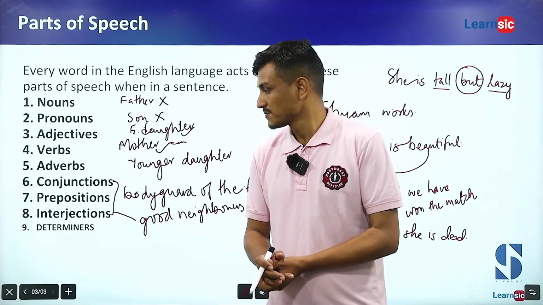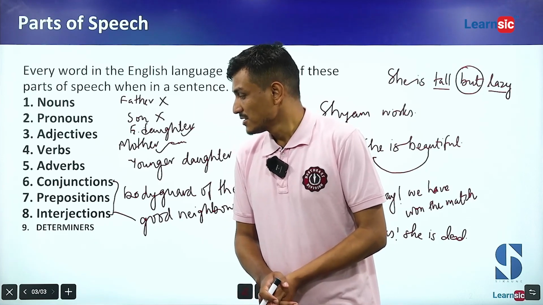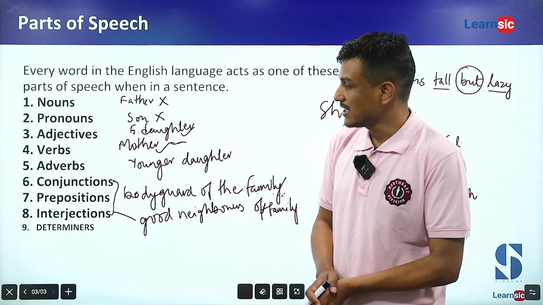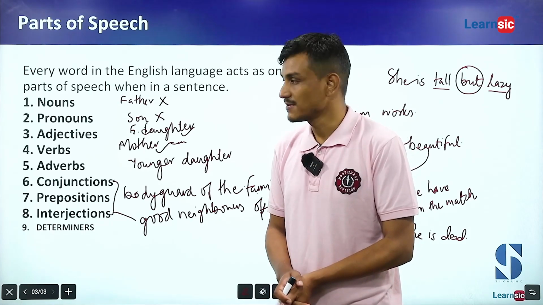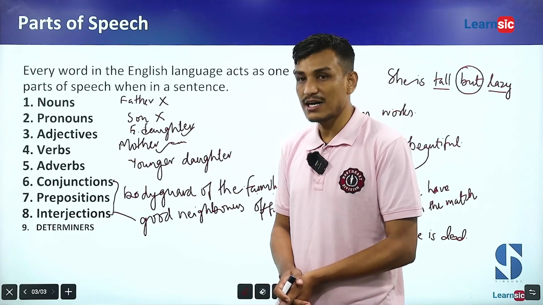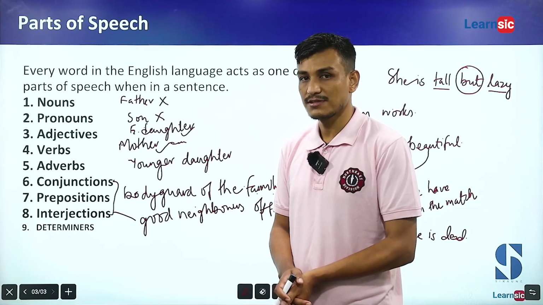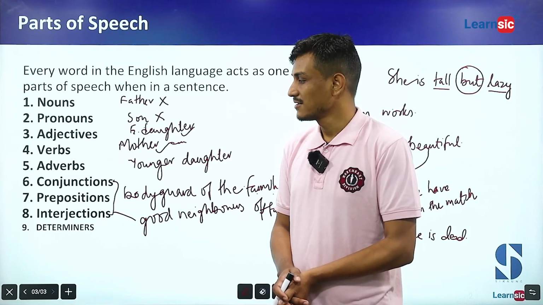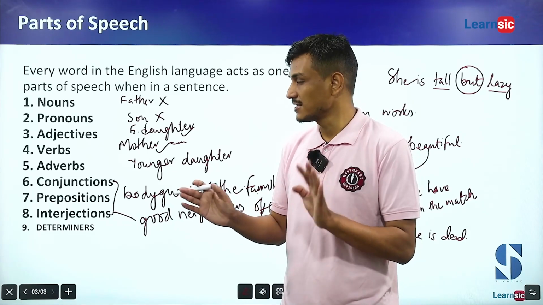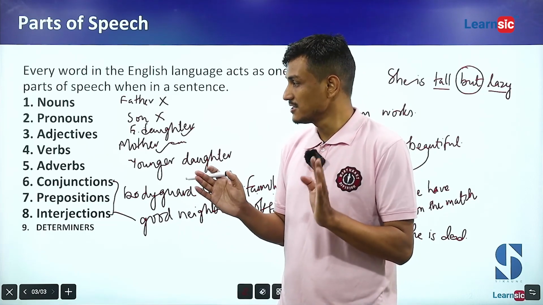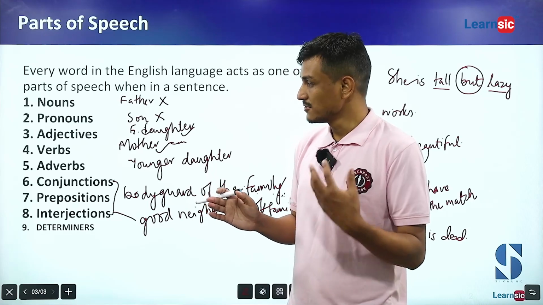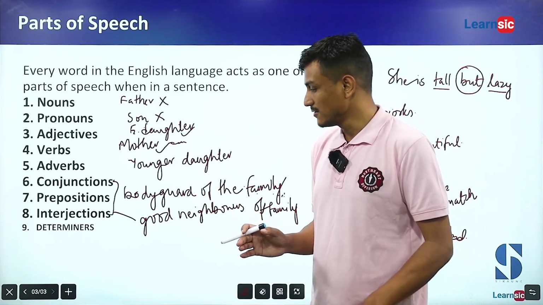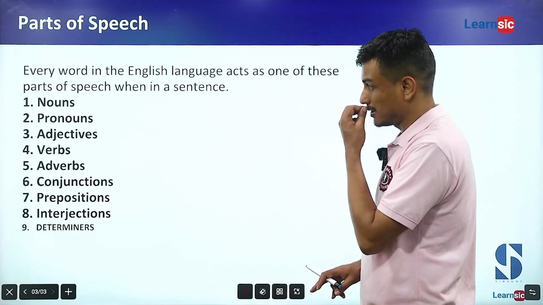Determiners are like adjectives. They have some similarity with adjectives. I will again deal with determiners and adjectives in a later session. So first of all, now let me take you to nouns.